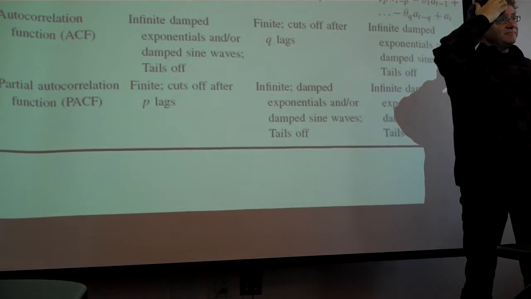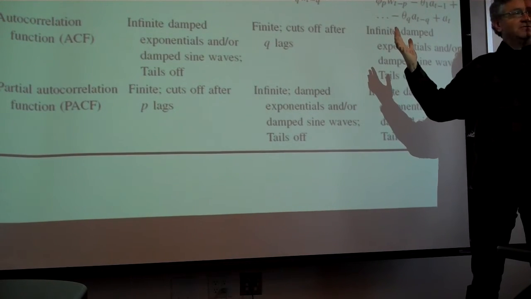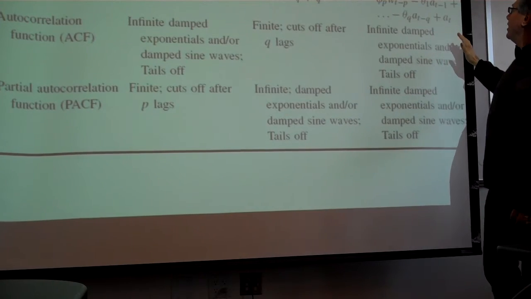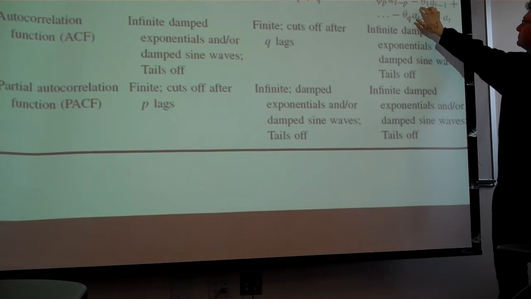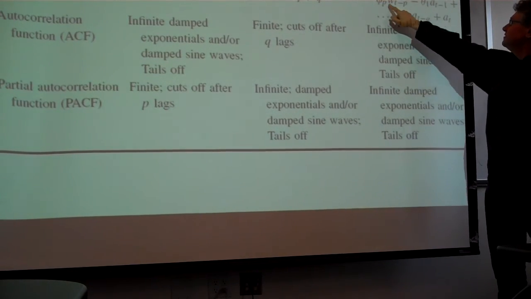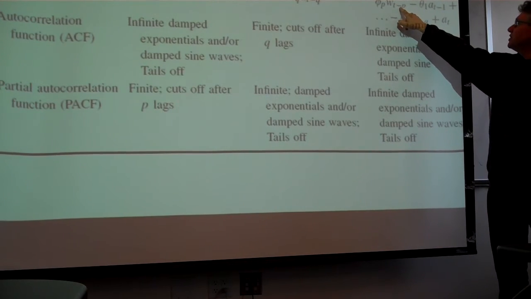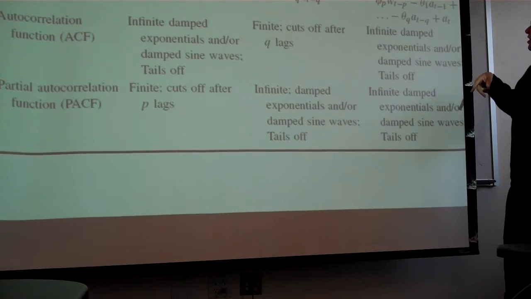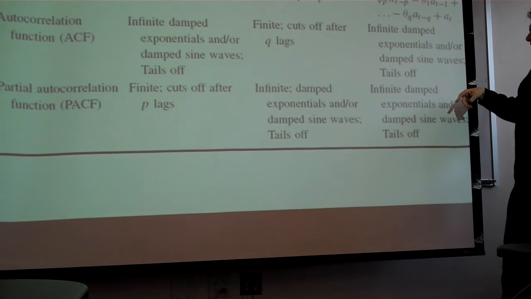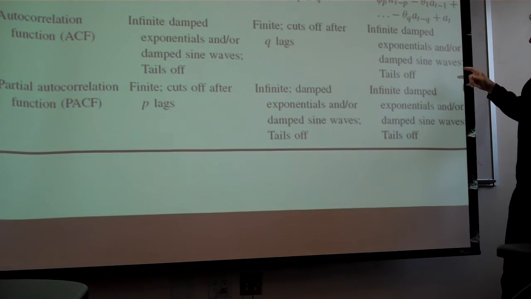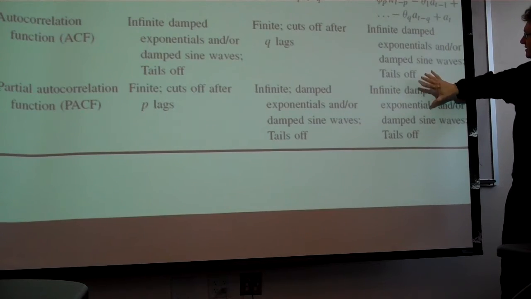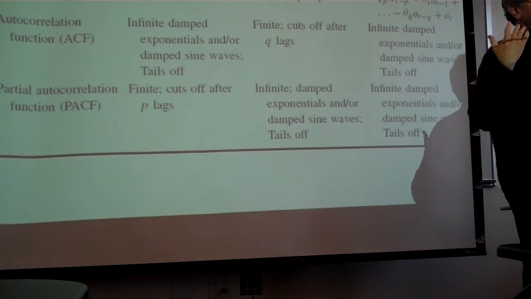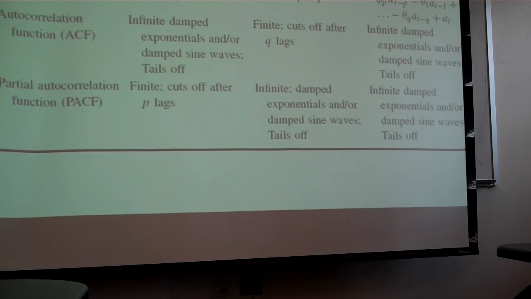In many cases, you can imagine processes that involve both autoregressive and moving average components. So here's the model, here's the autoregressive part, here's the moving average part, and in that case, you find that neither the ACF nor the PACF has an abrupt cutoff.